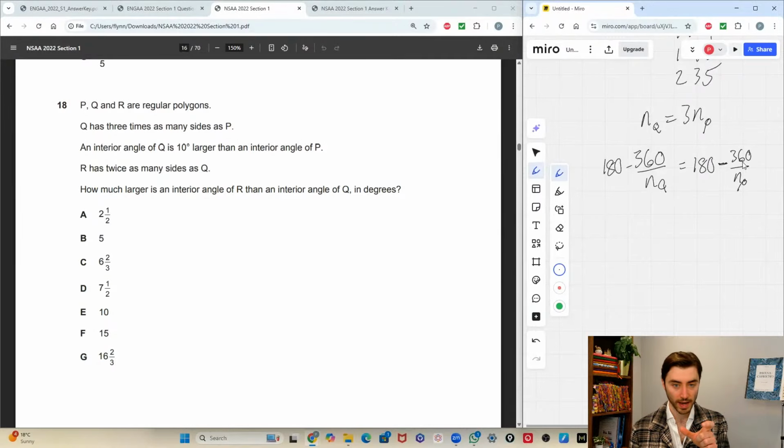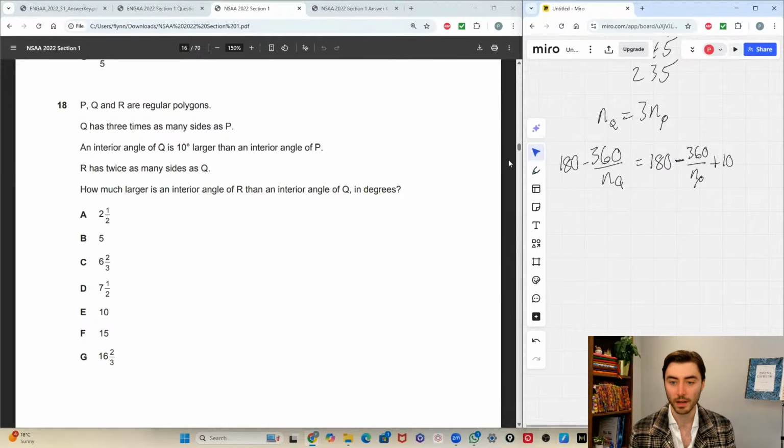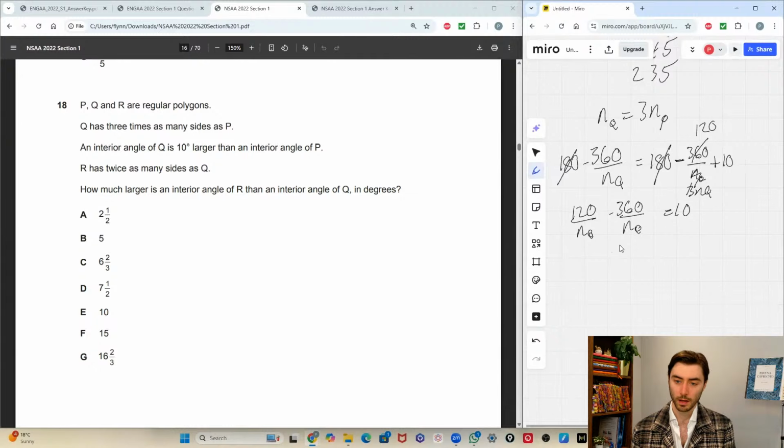And that interior angle plus 10 is the interior angle of Q. Okay, so let's replace that with 3NQ. Cancels for 120. So 120 over NQ minus 360 over NQ is equal to 10. And I'll swap that round.